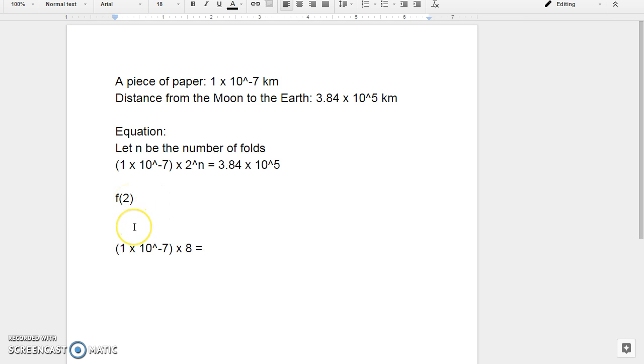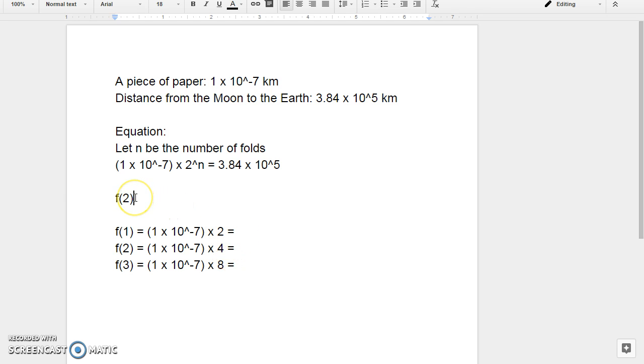After 2 folds, this 4 is F2, and this is F3, and F1 equals 2 to the power 1, which is 2, then 4, and 8.